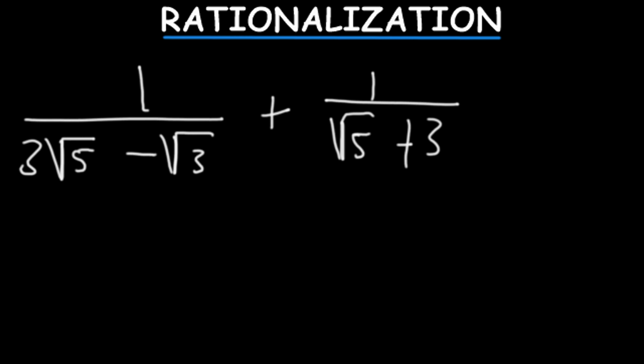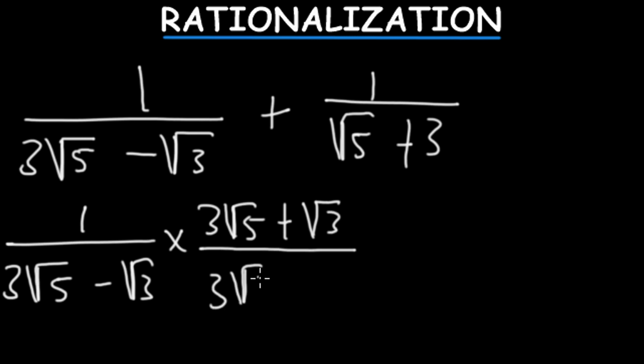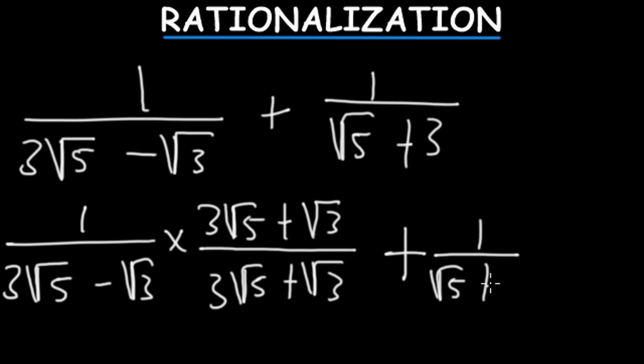So it means we are going to have 1 over 3 root 5 minus root 3 multiplied by 3 root 5 plus root 3, divided by 3 root 5 plus root 3, plus 1 over root 5 plus 3 multiplied by root 5 minus 3 divided by root 5 minus 3.